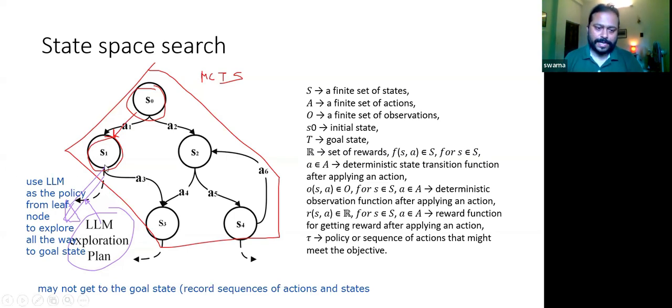Let's say the LLM takes a specific action, A3. Now A3 goes to S3. And after S3, it then takes another action, say A5. It goes to another state, say S10. In this way, the trajectory will be updated in the state space graph.